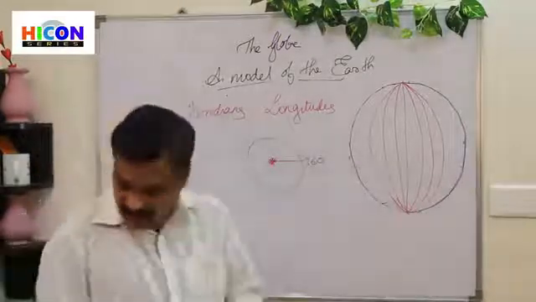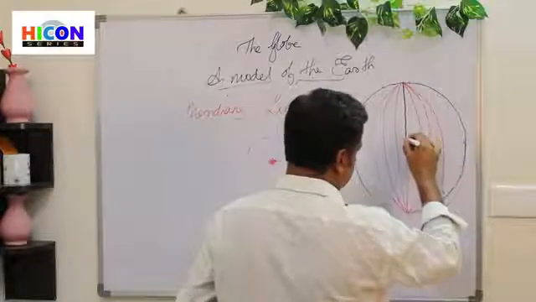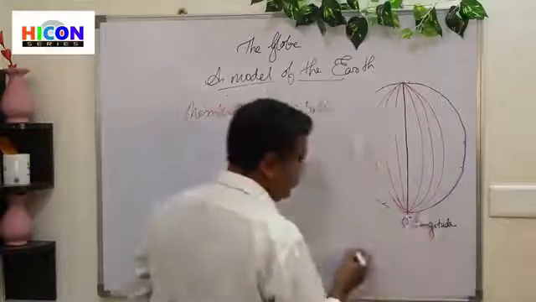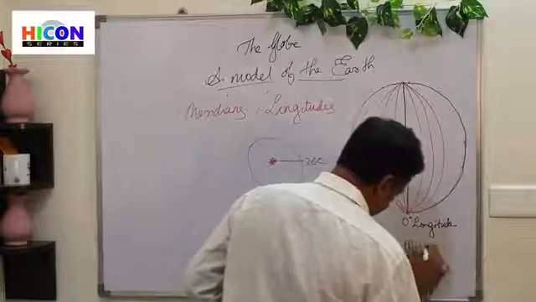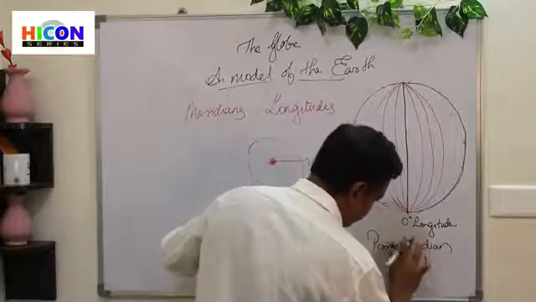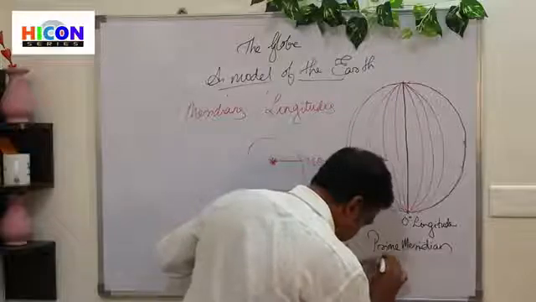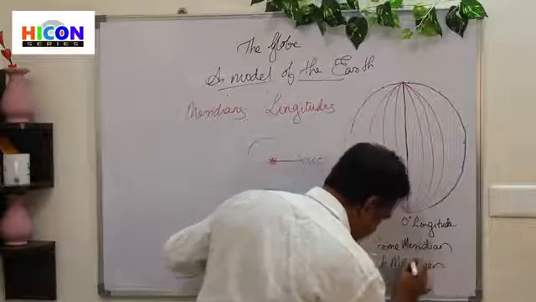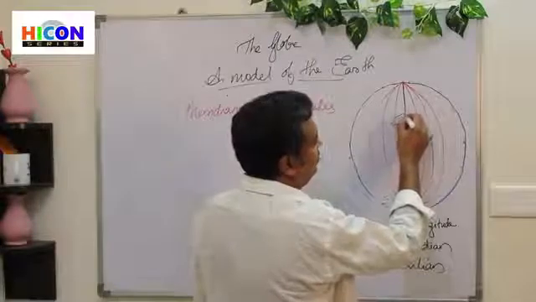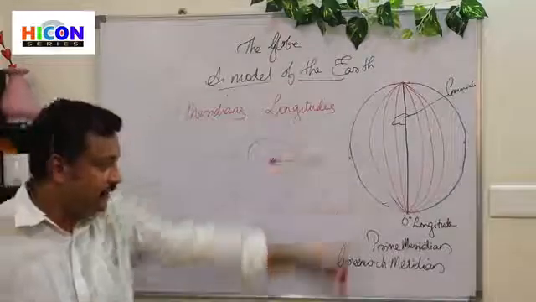Right? So in this, the 0 degree longitude is known as the prime meridian, or the Greenwich meridian, because it actually passes through Europe, and there is a place called Greenwich near London, through which this line passes.